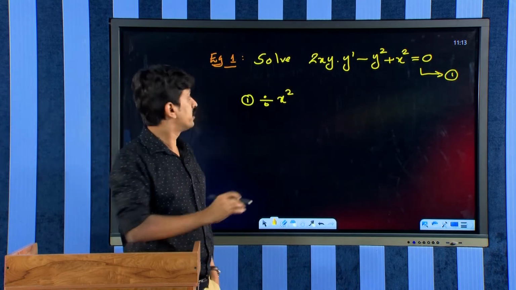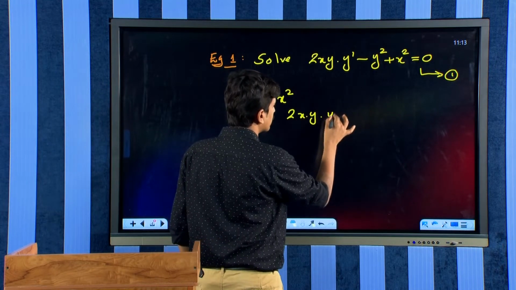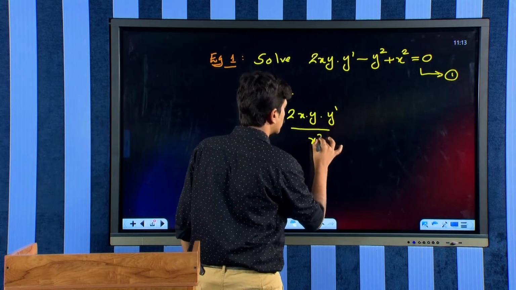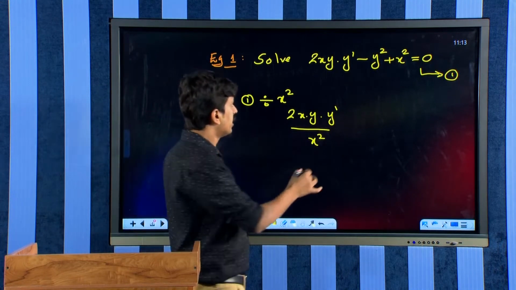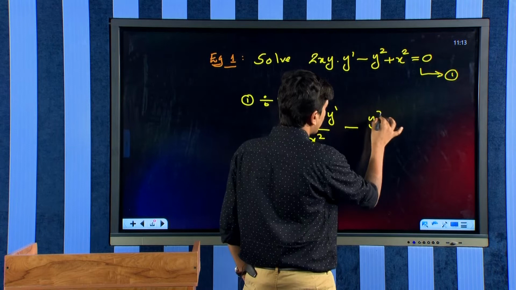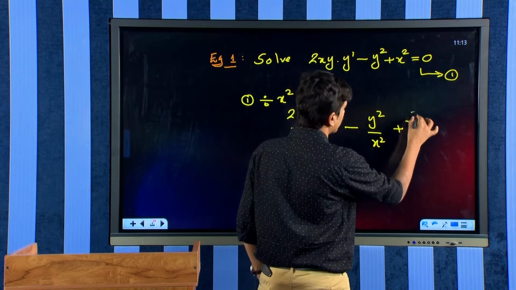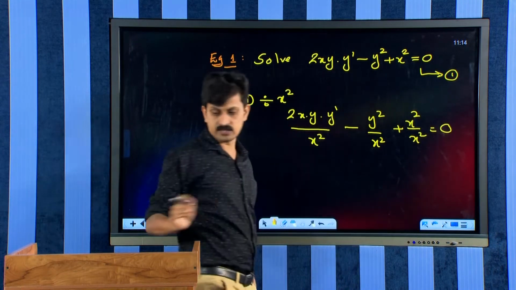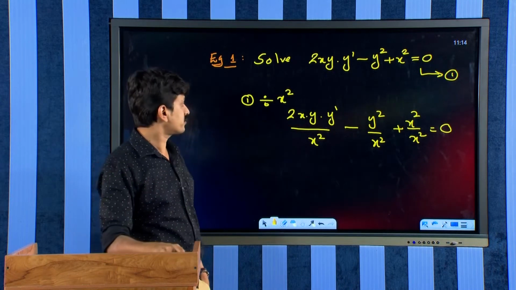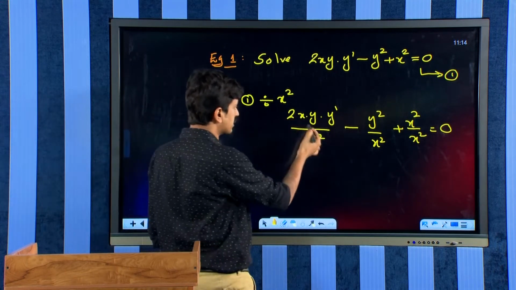See what will happen, we divide all terms of equation 1 by x square. So, we will have 2xy y dash divided by x square, and minus y square divided by x square, and plus x square divided by x square. On the opposite side, we will have 0.